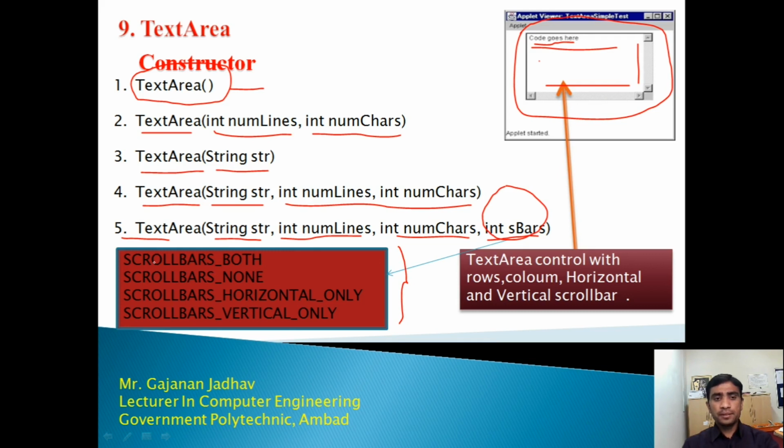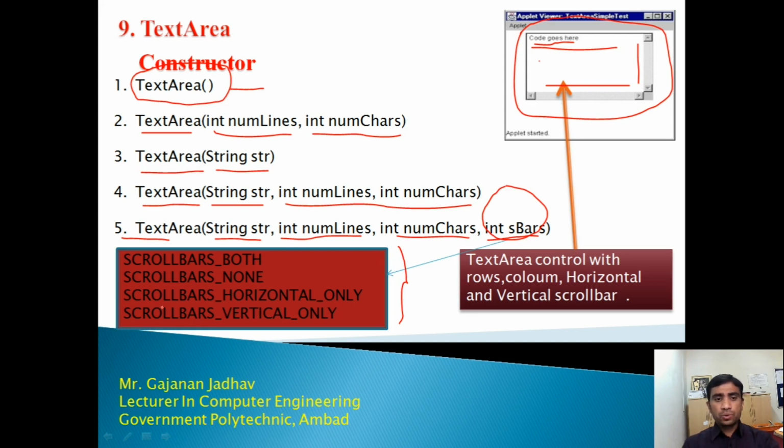If you specify TextArea.SCROLLBARS_BOTH, then this will create horizontal and vertical scroll bars for the text area. If you specify TextArea.SCROLLBARS_NONE, then this will not specify horizontal as well as vertical scroll bars to the text area.